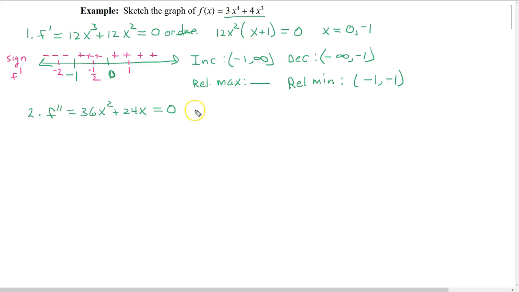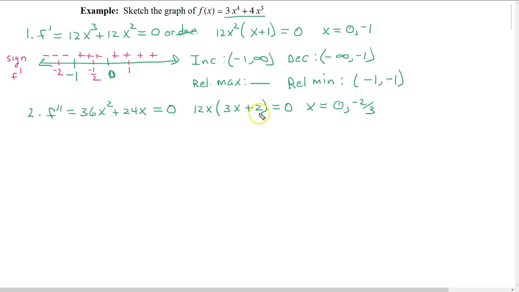So we'll just set it equal to 0. And factoring this if possible, we can factor out a 12x out of there. And so we get x equals 0 and -2/3.